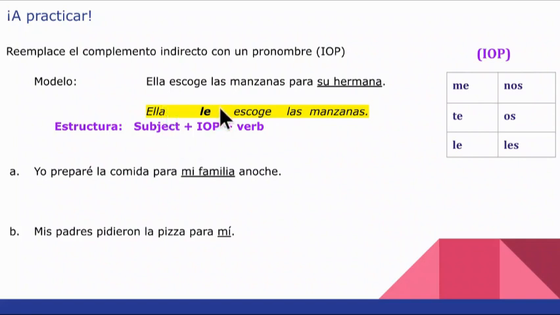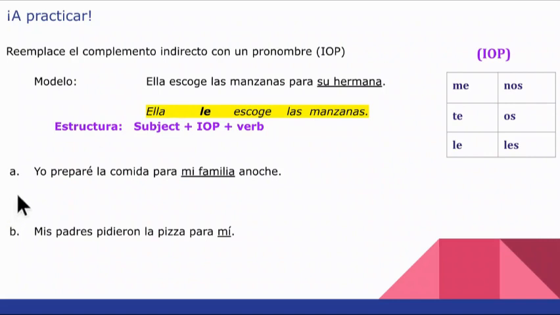Ejemplo, ella escoge las manzanas para su hermana. She chooses the apples for her sister. Ella le escoge las manzanas. So I have chosen le in order to replace su hermana.